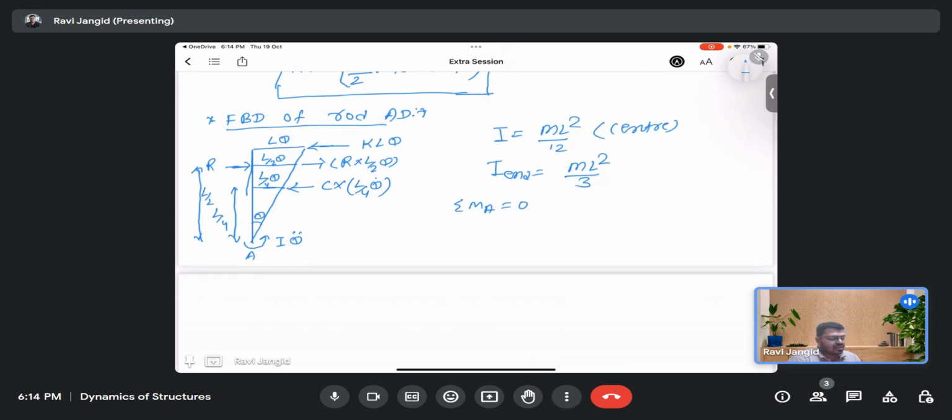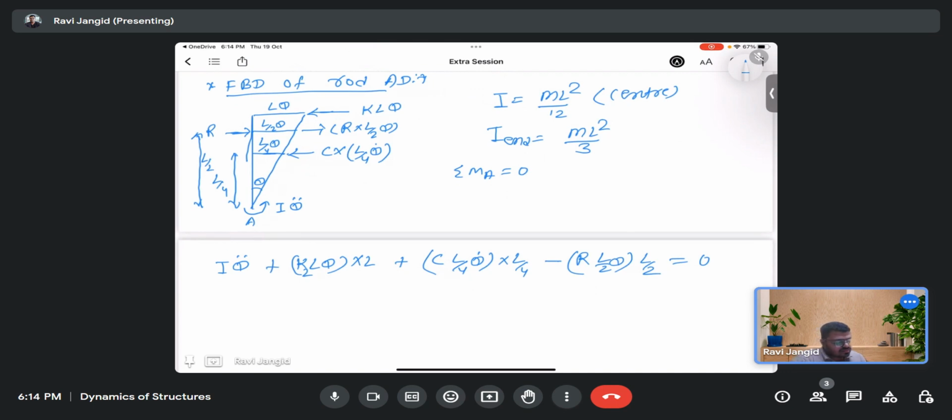So let us write the equation: I theta double dot plus k l theta times l, plus c l by 4 theta dot into l by 4, and another term, minus R l by 2 theta into l by 2, is equal to 0. And that k is here k2, c is the c. So let us put the value.